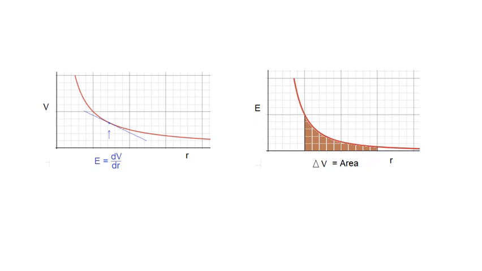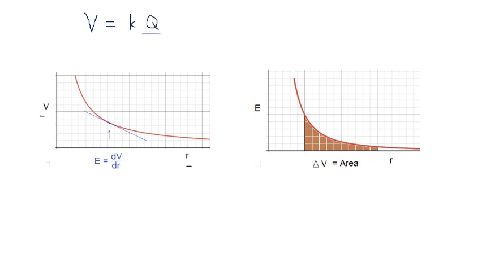This should ring a few bells from the gravitational topic, if you understood that. If you've got a graph of V against R, then it's an inverse relationship, because V equals KQ over R, where K is 9 times 10 to the 9, 1 over 4 pi epsilon naught.